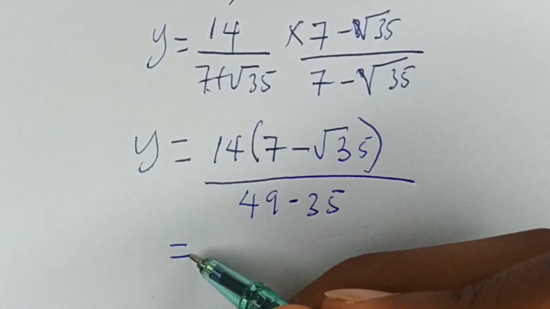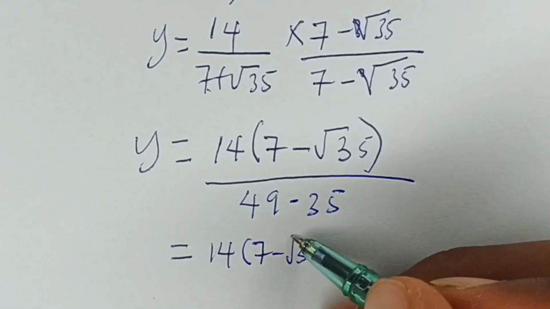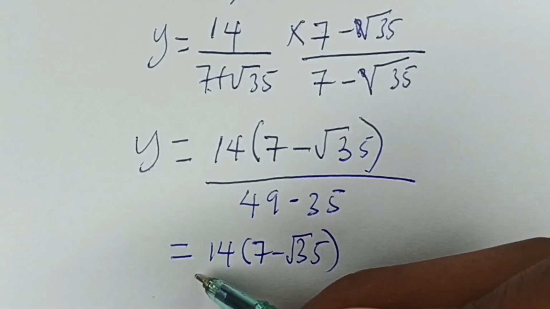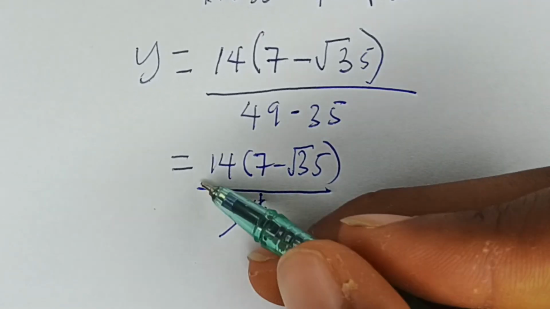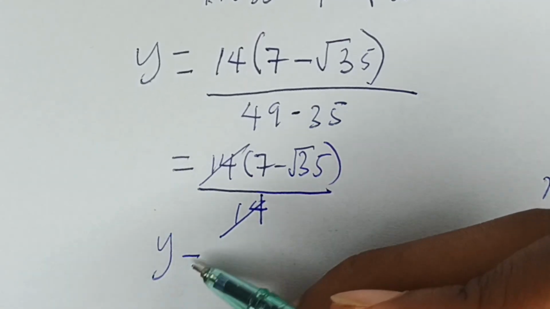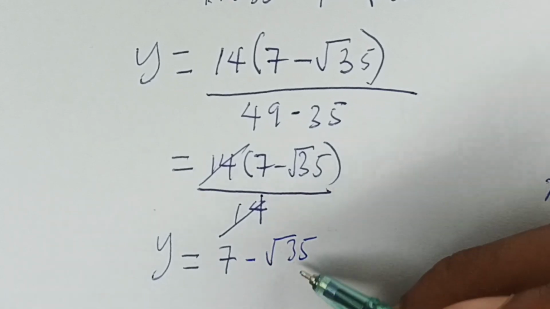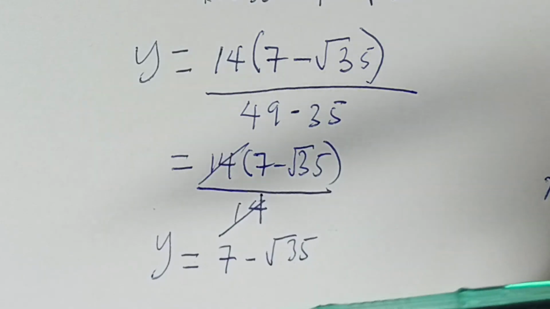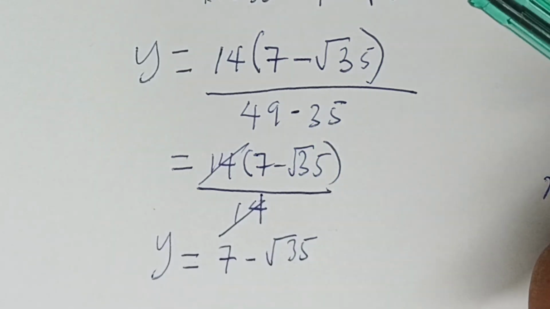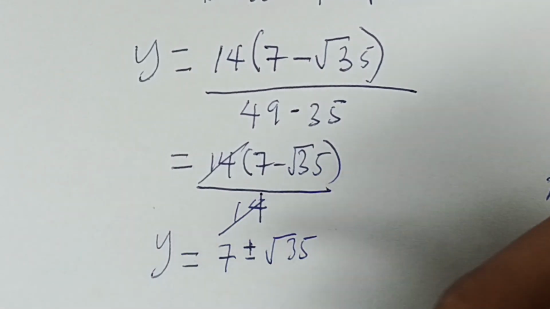This is equal to 14 into 7 minus root 35 all over 49 minus 35, which is 14. 14 strikes 14, so that y is equal to 7 minus root 35. You can already guess that when x is 7 plus root 35, y is 7 minus root 35. Hence, when x is 7 minus root 35, y becomes equal to 7 plus root 35.